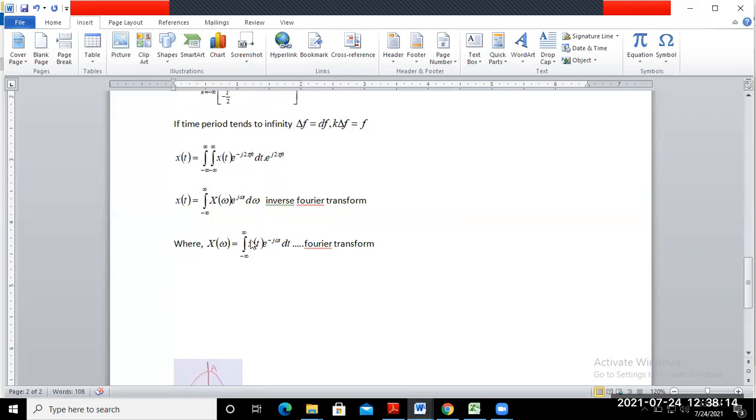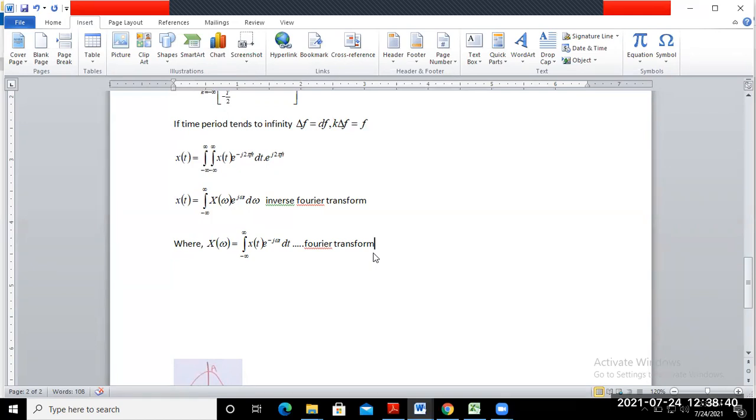So always keep these two formulae in your mind whenever you are going to solve either an inverse Fourier transform or a Fourier transform problem. Then you can use these two formulae frequently for any signal x(t).